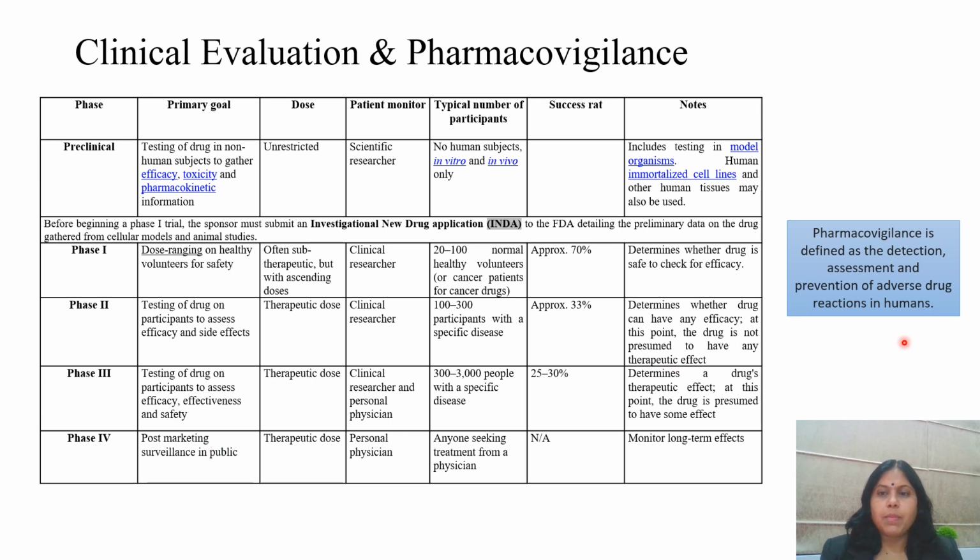Next is pharmacovigilance, which is the detection, assessment and prevention of adverse drug reactions in humans. It is very different from clinical trials, because phase 1, phase 2, and phase 3 need to be done before drug marketing, while phase 4 is after the marketing of the drug, for a particular period of time.